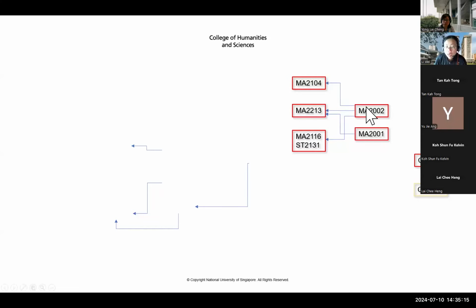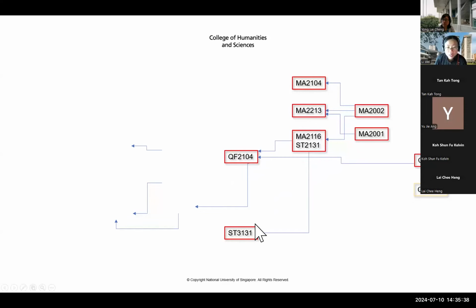And after MA 2002, you can also read MA 2104. After QF 1100 and ST 2131, you can read QF 2104. After MA 2116 or ST 2131, you can read ST 3131.